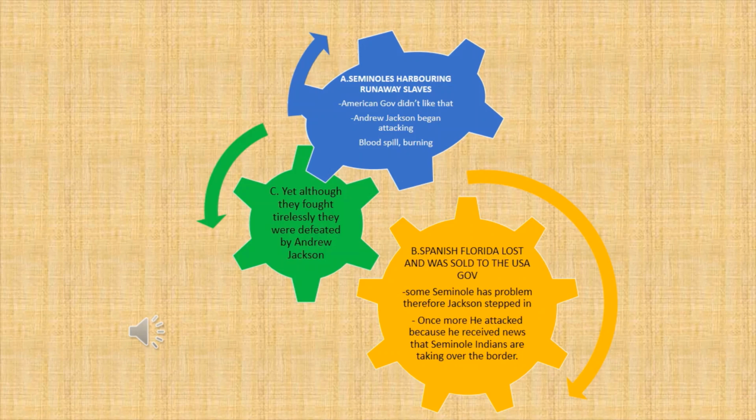So if you look at the blue gear A, Seminoles harboring runaway slaves. The source that I've taken is source A in your book on page 91. Here, what happened in 1817 is that we all know there's a village where slaves are welcomed to live freely.